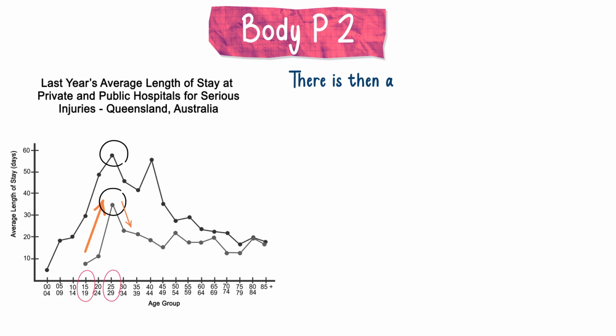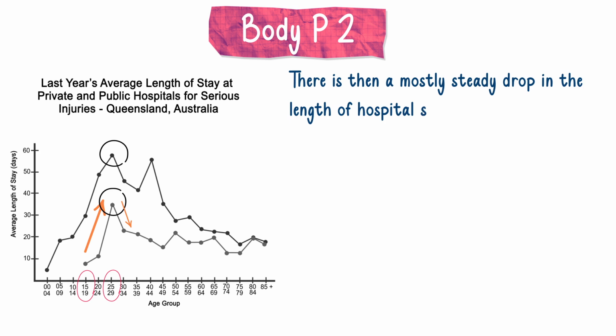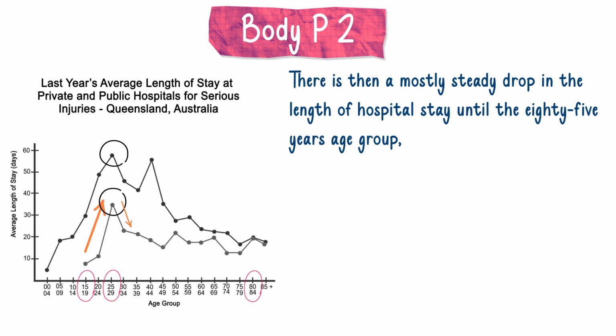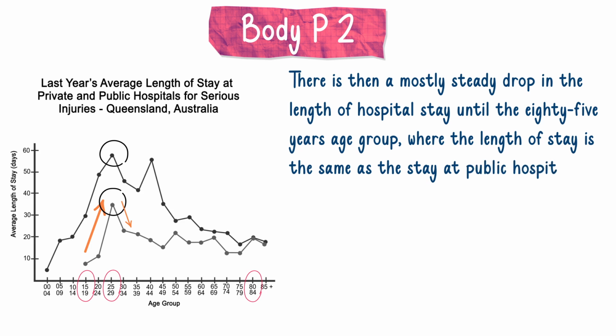There is then a mostly steady drop in the length of hospital stay until the 85 years age group. The 85 years age group, you can see, right? The 85 years age group, where the length of stay is the same as the stay at public hospitals, which is around 18 days, right?